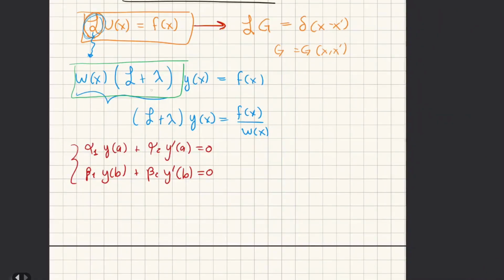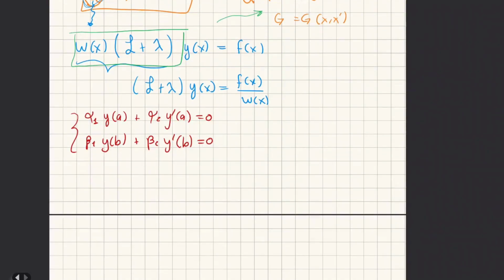So we can make that process now with the Green function, but instead of f of x, we will get the Dirac delta distribution. So we will get w of x that multiplies L plus lambda times the Green function G(x, x prime) is going to be equal to the Dirac delta of x minus x prime.